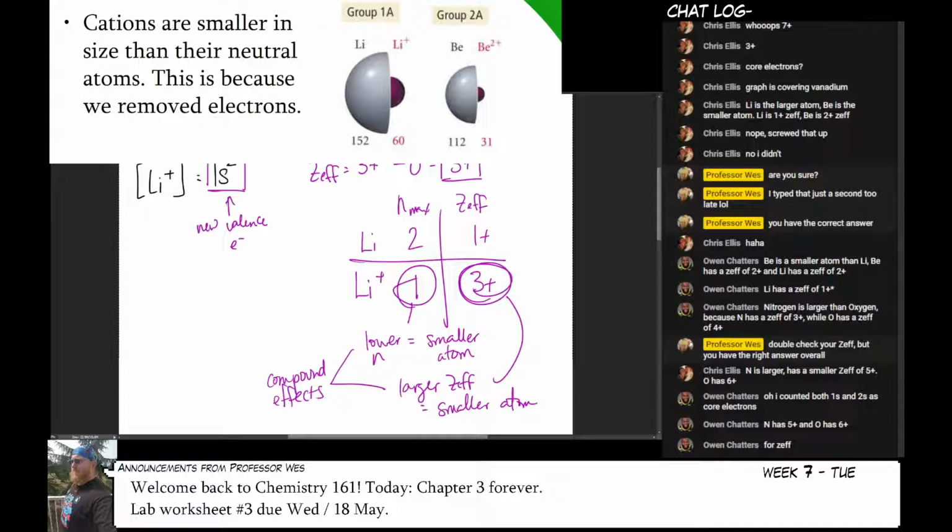So the end result is that cations are always smaller. If you strip away the entirety of a valence shell, the next layer down becomes the valence shell, and there's that many fewer core electrons, so Z effective for those electrons is way bigger. Not to mention you have reduced N, and reducing N always results in a smaller atom.